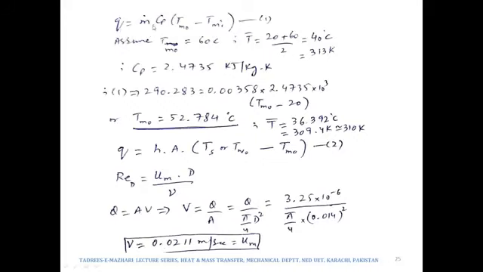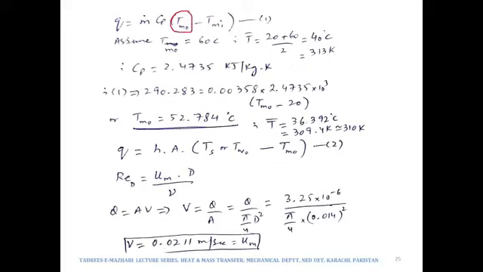So Cp of ethylene glycol would be a known quantity, because we will be finding all the properties from the table, just like we used to find the properties of fluids in previous chapters' problems. Tmi is provided and Q is known. So using this equation we will be able to find the value of Tm0.